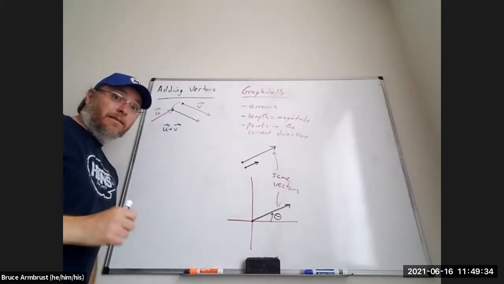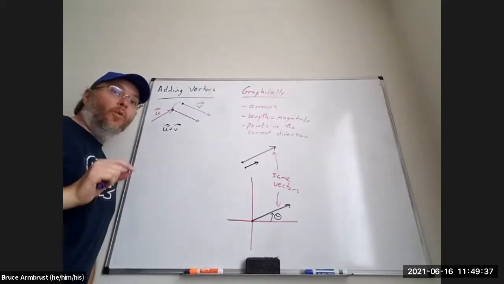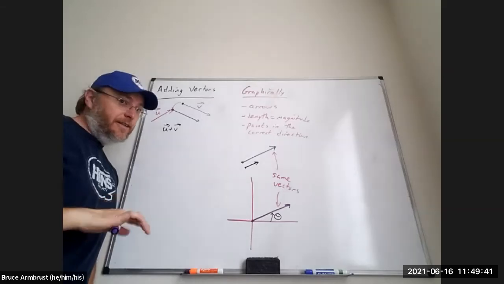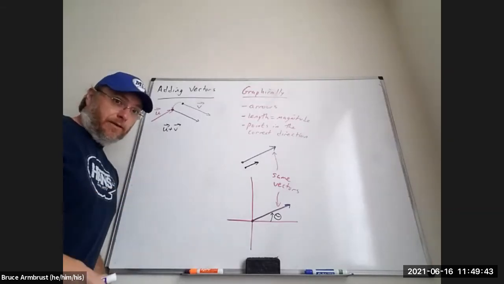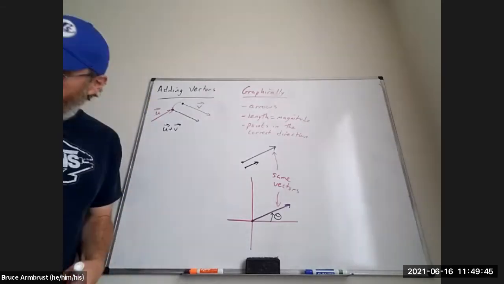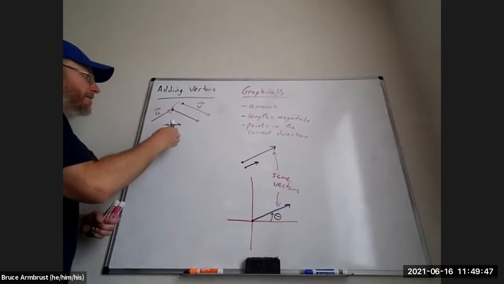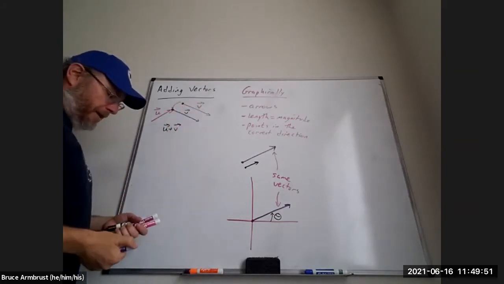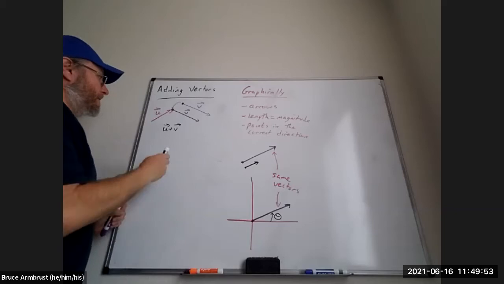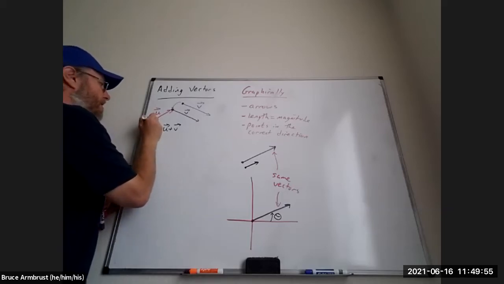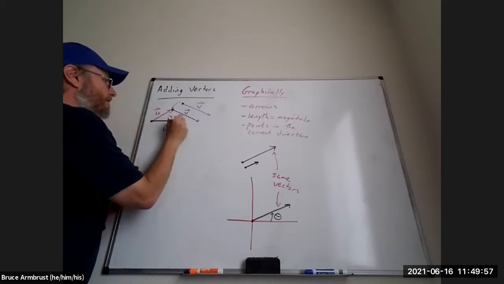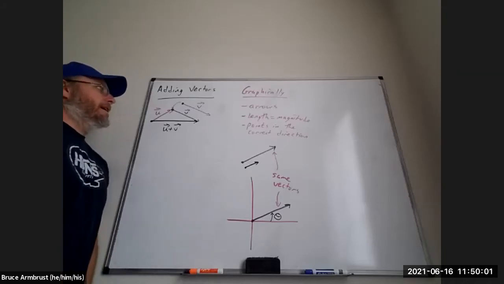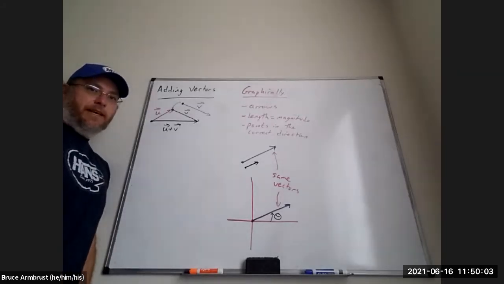But that doesn't matter. Remember, with vectors, it only matters what direction they're pointing and how long they are. It doesn't matter where they're located, so it's the same vector. Okay, so there's my V. So then U plus V basically starts where U started and ends where V ends. So that black one is actually U plus V.